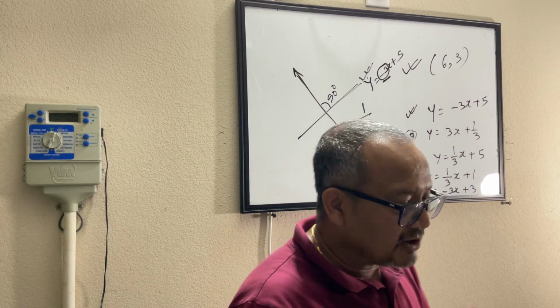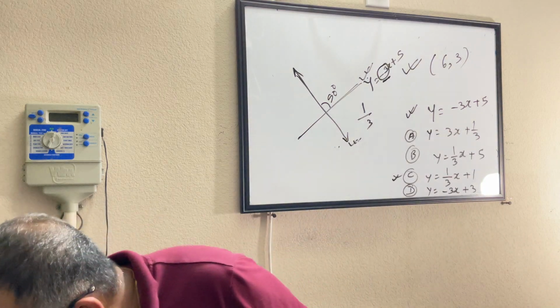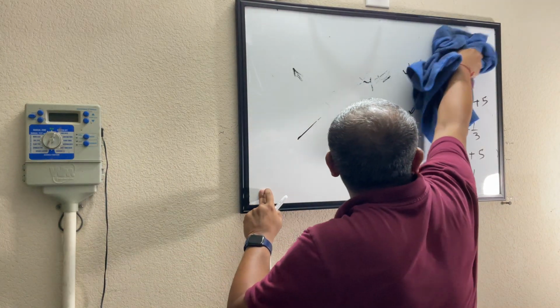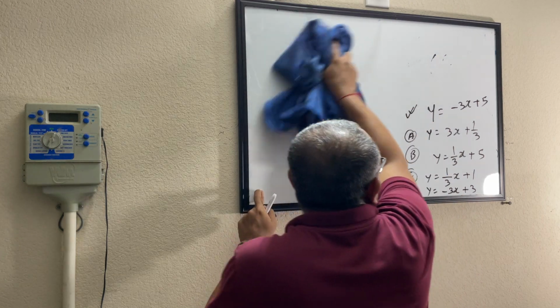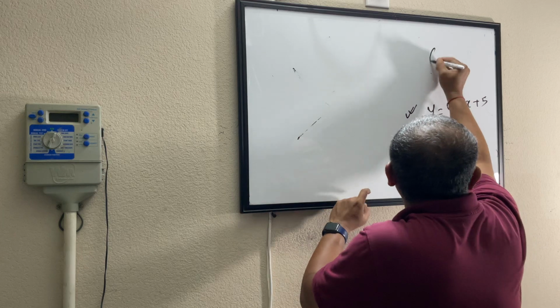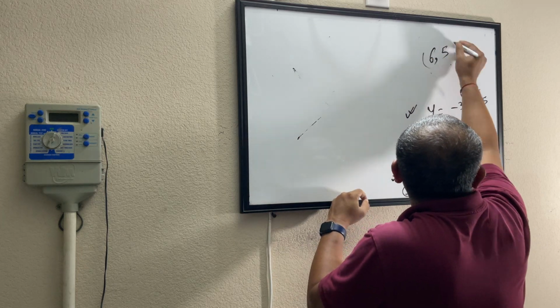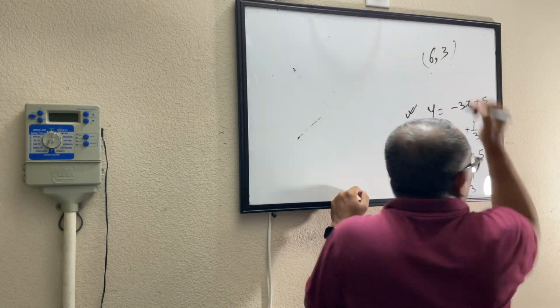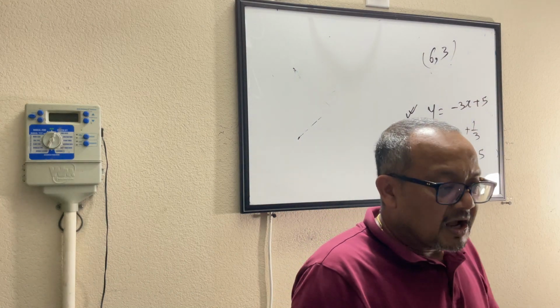Okay, so now let me first decode this for you guys. What was the point? 6 and 3.